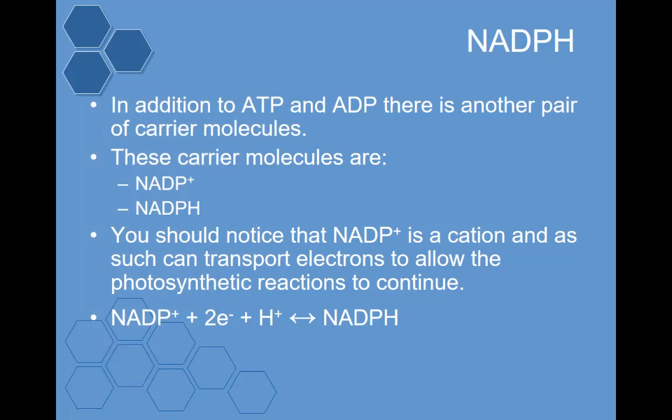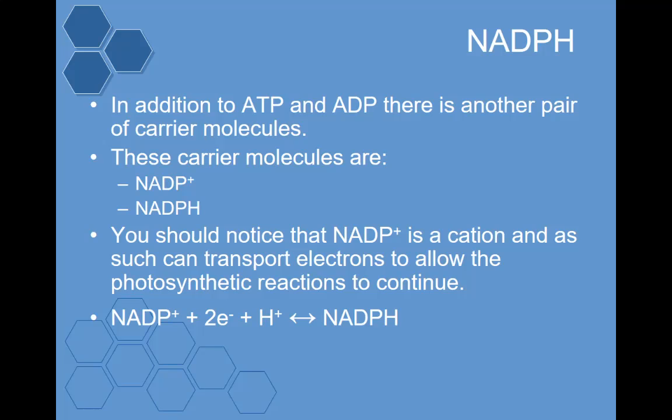Now, this is not your only source of energy throughout your body. This is the biggest form of energy, but there are also other carrier molecules. One of the primary examples we'll go ahead and talk about is NADP plus, which gets turned into NADPH. You should notice that NADP plus is a cation, which means it's positively charged, and as such, it can transport electrons to allow the photosynthetic reactions to take place.